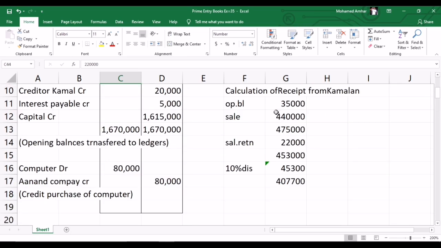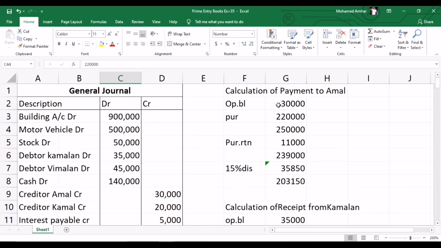So opening balance payable 30,000 and purchase during the month 220,000. So total payable is 250,000.